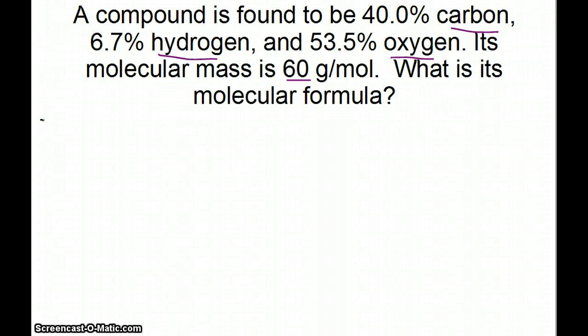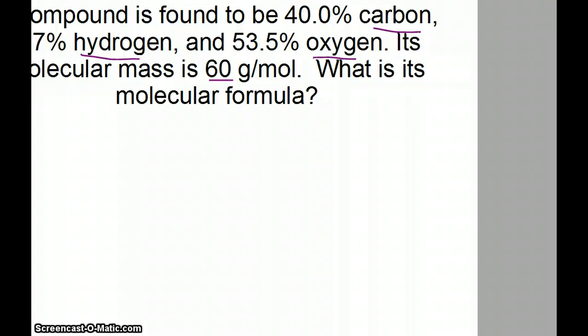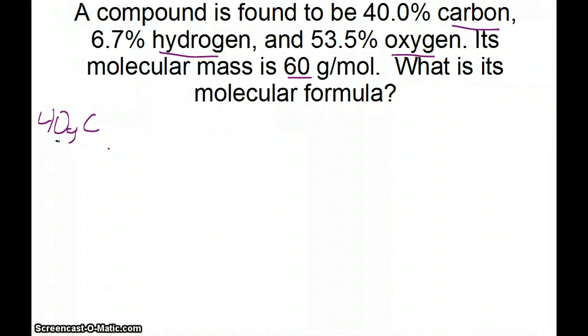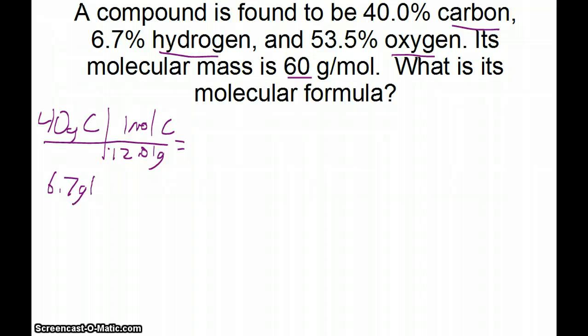So we're going to start by assuming that there's 100 grams of our substance. So we've got 40 grams of carbon. Okay, and 1 mole of carbon, there are 12.01 grams. Then we have 6.7 grams of hydrogen.